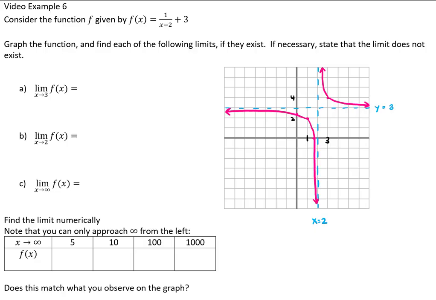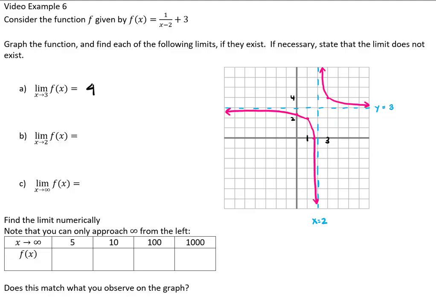I've labeled my asymptotes. And when we ask ourselves, what is the limit of f of x as x approaches 3, we look at 3, and f of 3 exists. It's this value here. But you notice that going from the left-hand side, we're approaching that value, and going from the right-hand side, we're approaching that same value. So that answer would be 4.